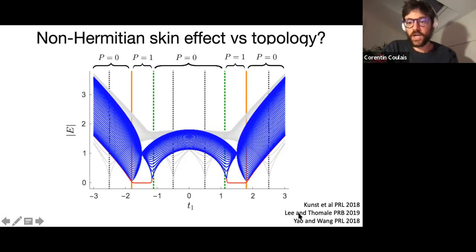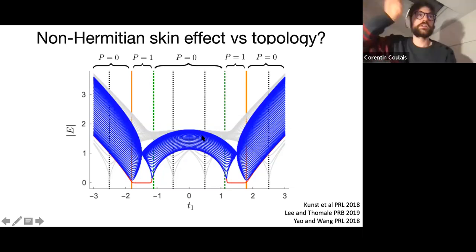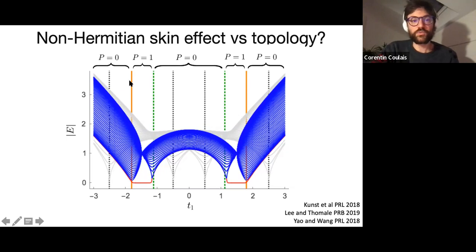What Lee, Thomale, and Yao and Yan did is they found a way to rewrite this Hamiltonian, the blue one, to correct for this unidirectional amplification and come up with a way to predict this gap closing even when you have an open chain. And so I think this problem has been solved. People are now able to predict when the gap closing will occur based on this.